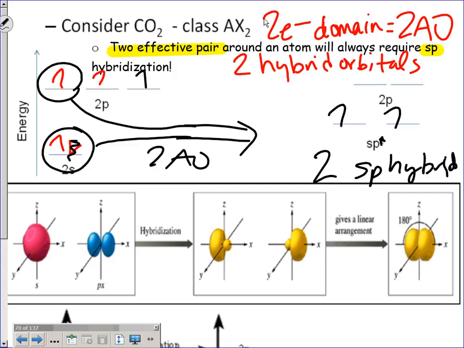Leaving us behind with what? 2p unhybridized orbitals. That's what those are going to be used for: double bonding. Because that's the only thing that a double bond needs is an overlap on top and bottom.